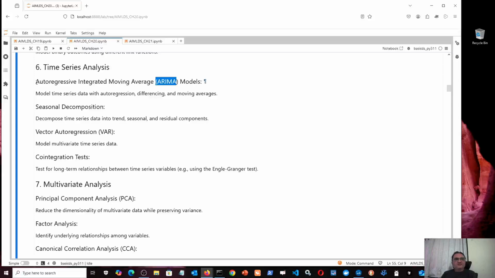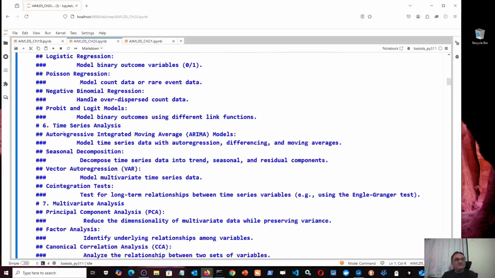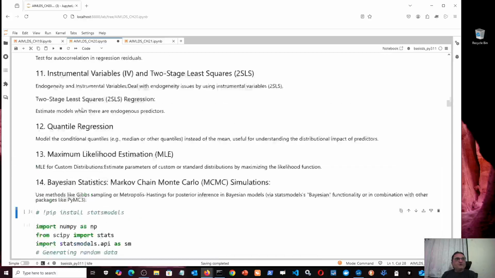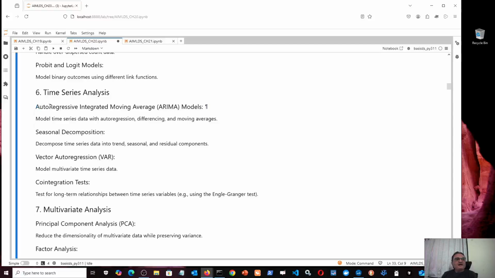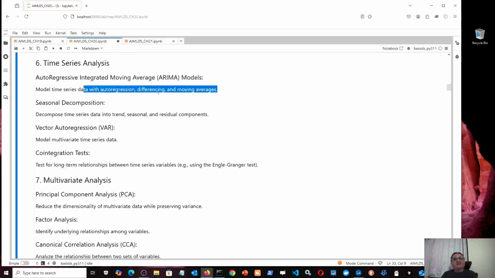ARIMA is auto-regressive: auto is A, regressive is R. ARIMA stands for auto-regressive integrated moving average. It can model the time series with auto-regression, differencing and moving averages. Very, very useful for predicting stock market data, commodity data, or any financial application where things vary with time.